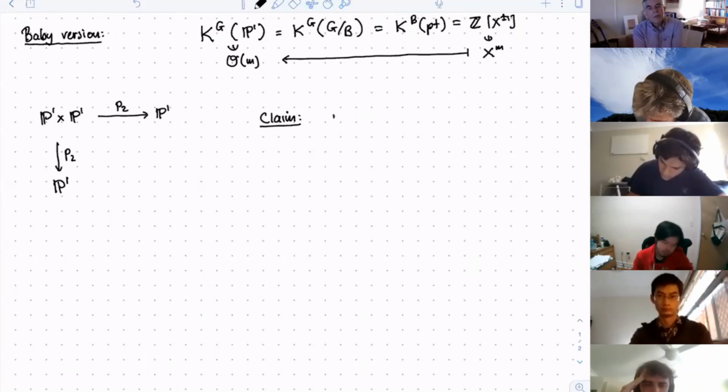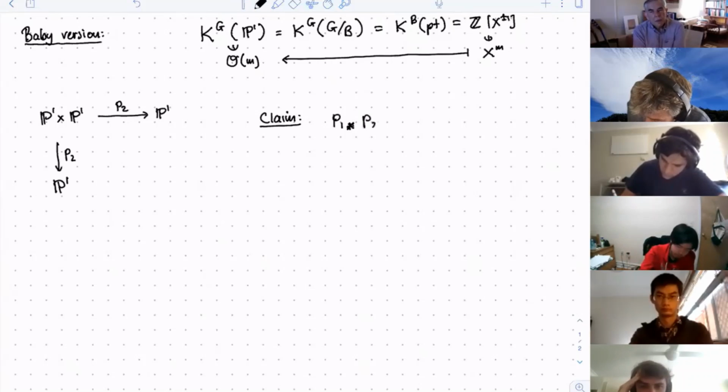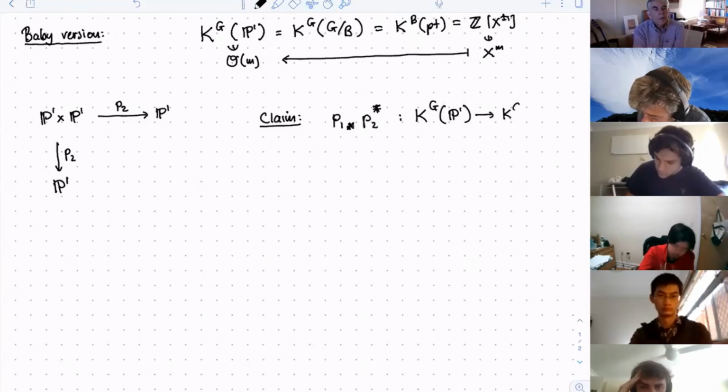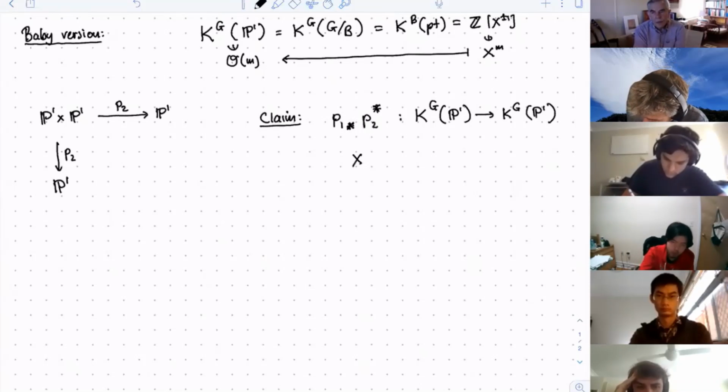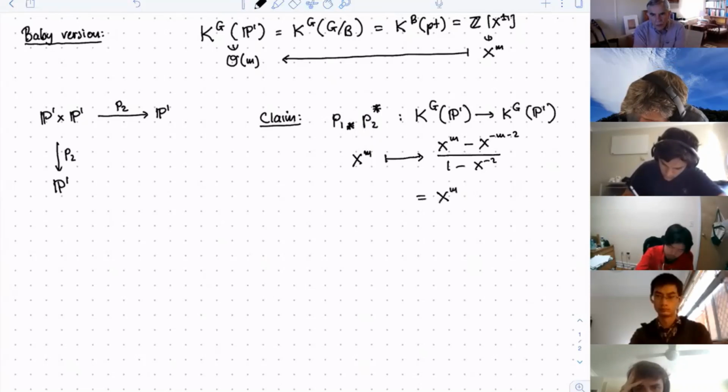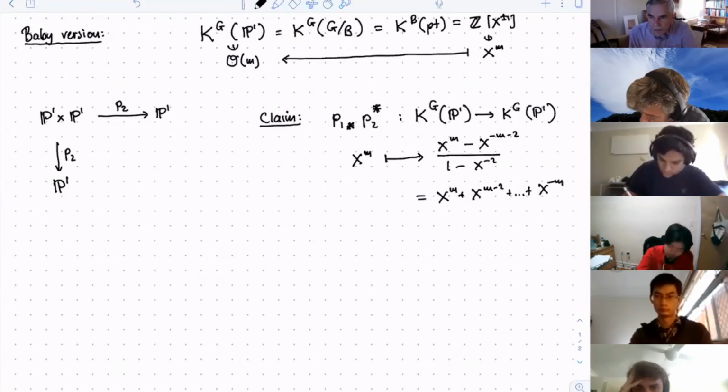It is that P1 lower star of P2 upper star gives us a map from K_G of P1, and it sends x to the m to x to the m minus x to the m minus 2, all over 1 minus x to the minus 2, which is x to the m plus x to the m minus 2 plus up to x to the minus m.